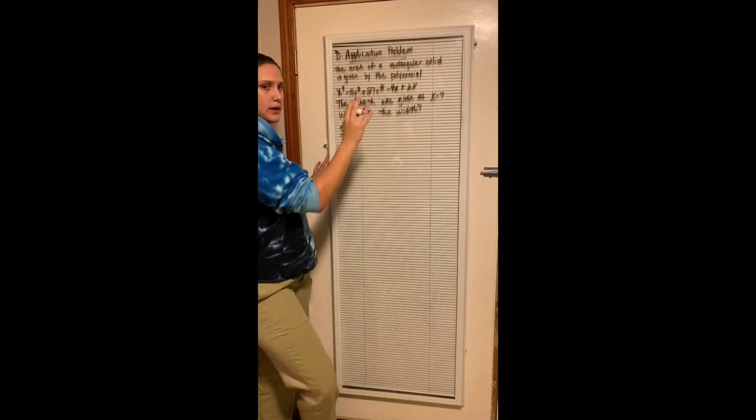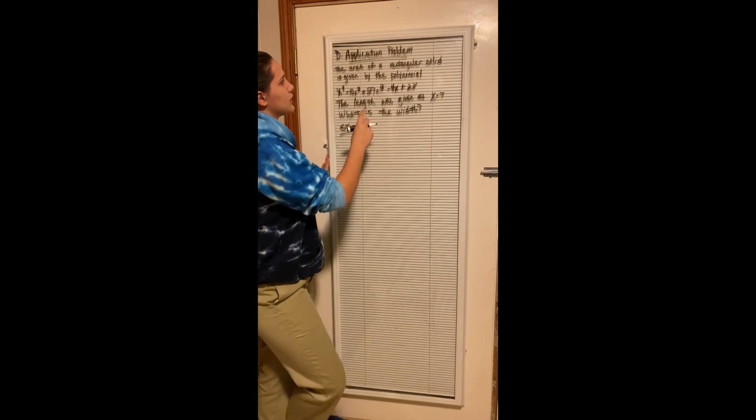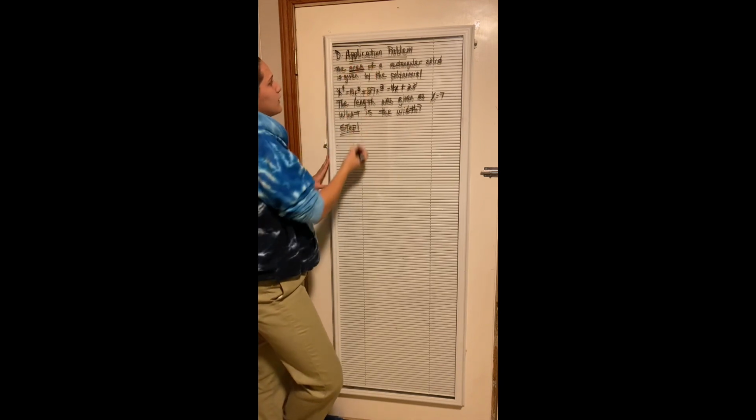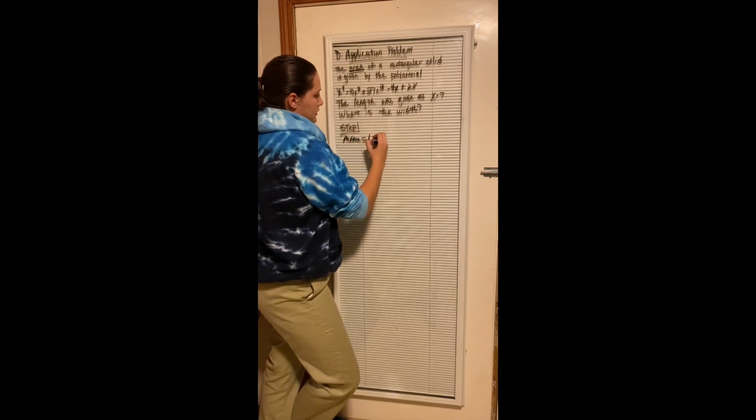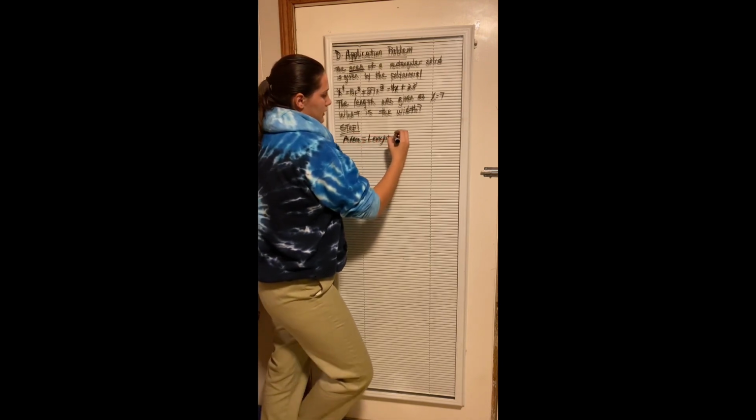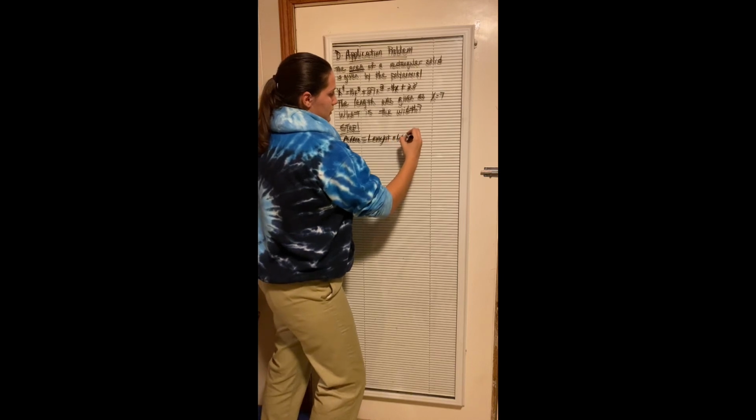So in step 1, you'd identify all your main components. So you're trying to find the area. So you know that area equals length times width.